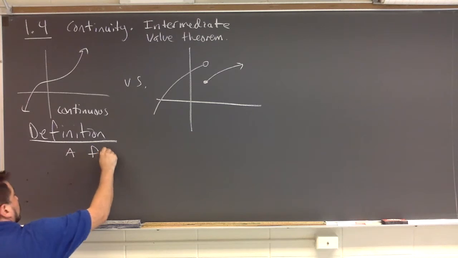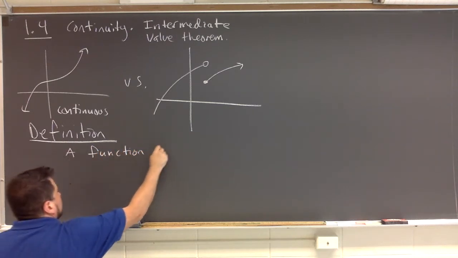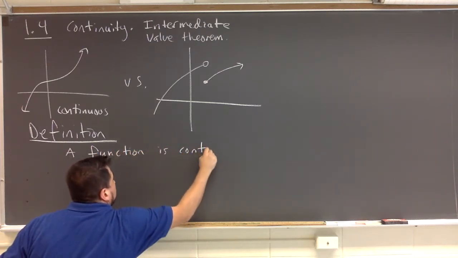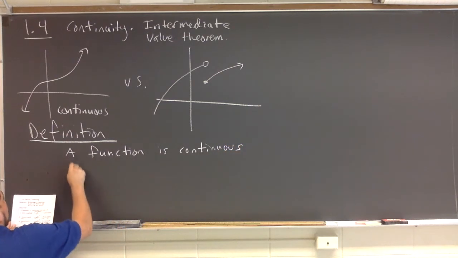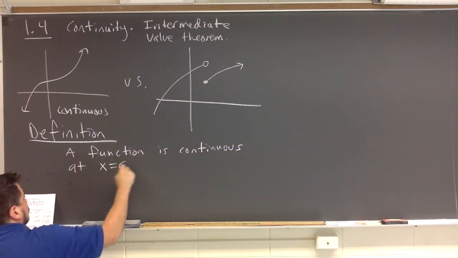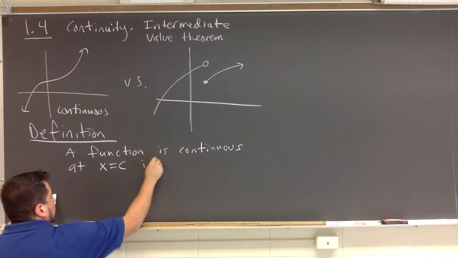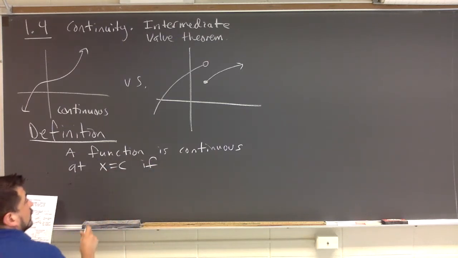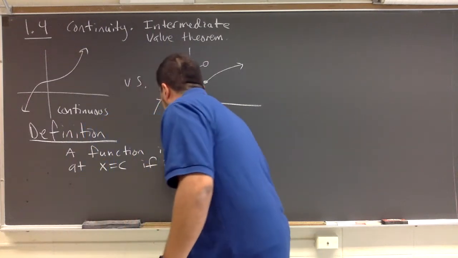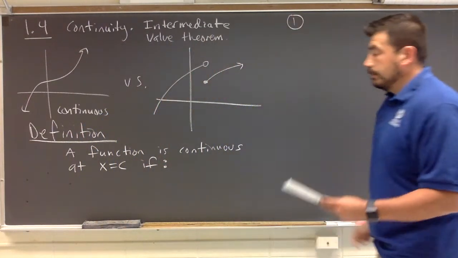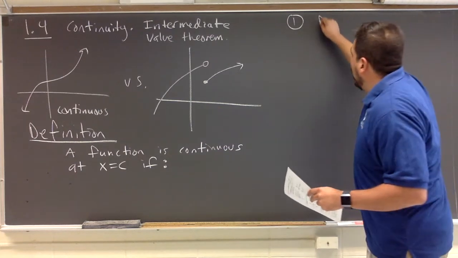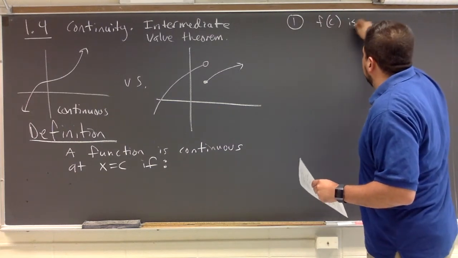We say a function is continuous at a value x equals c if three things happen. Number one, f of c is defined.